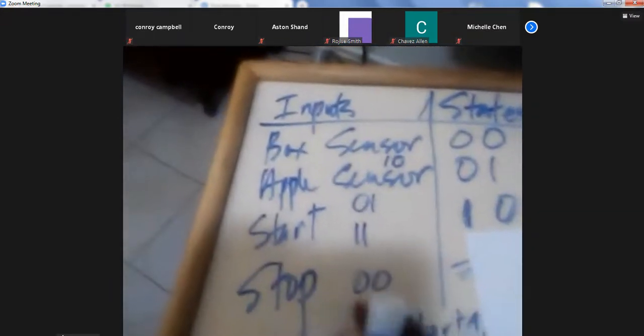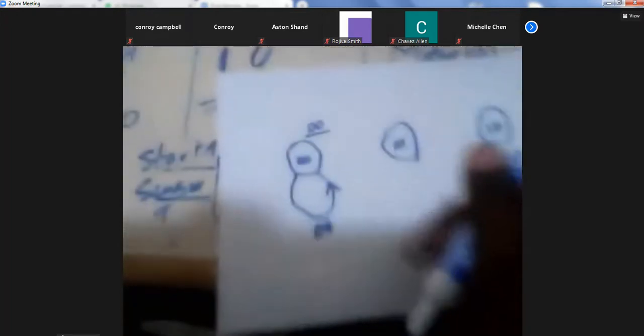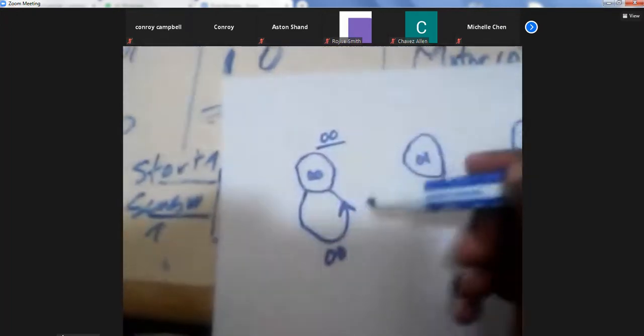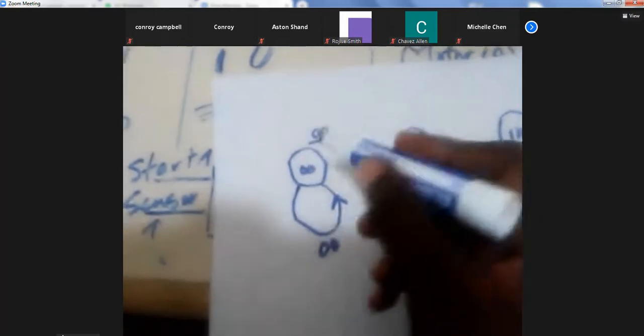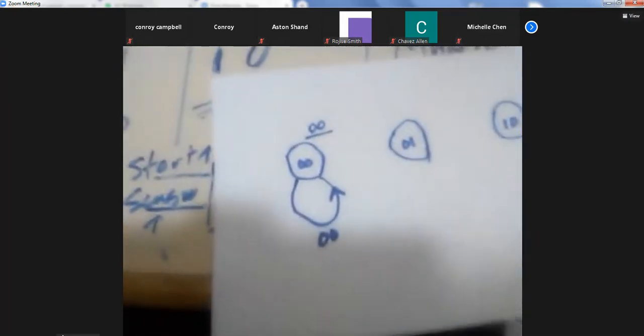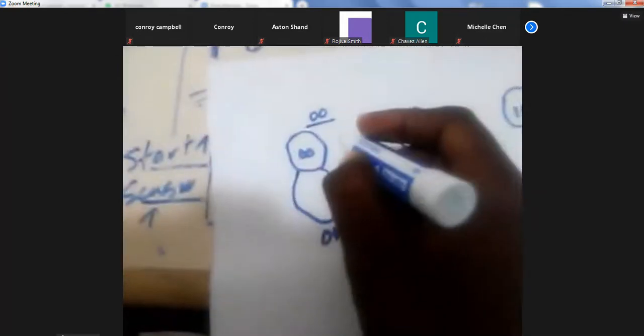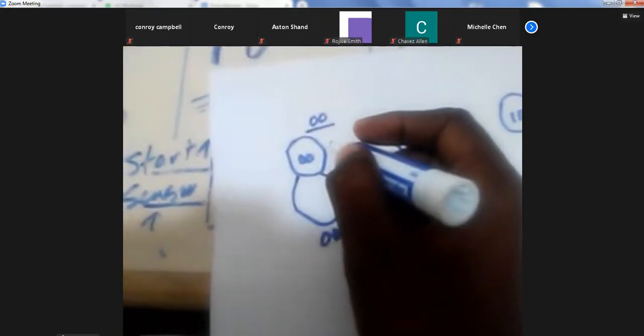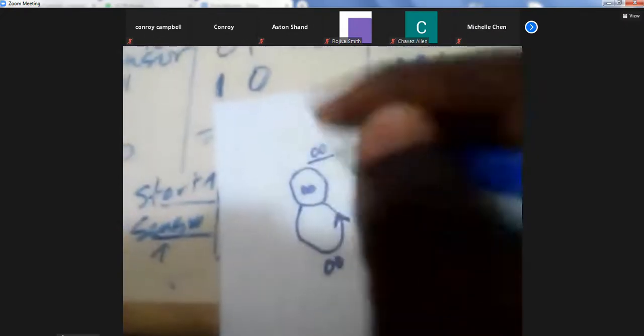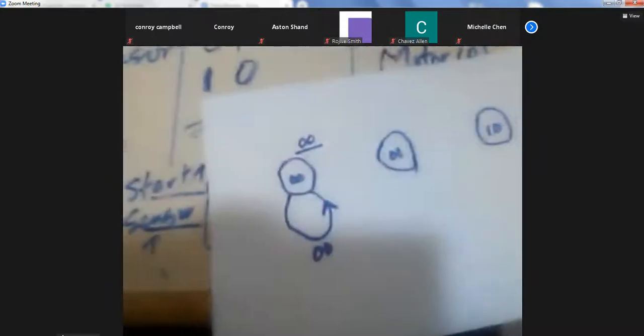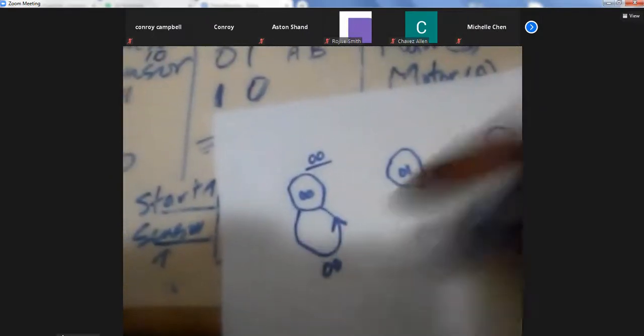So in 0, 0, if you press stop, you stay in that state. What about 1, 1? If you press start, what would be the first thing you'd expect to happen? The system is off, you come in and press the start.